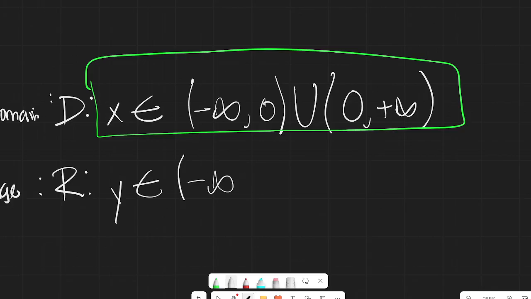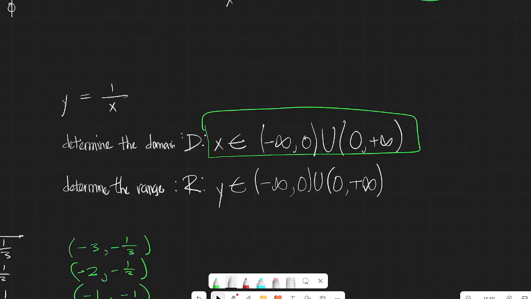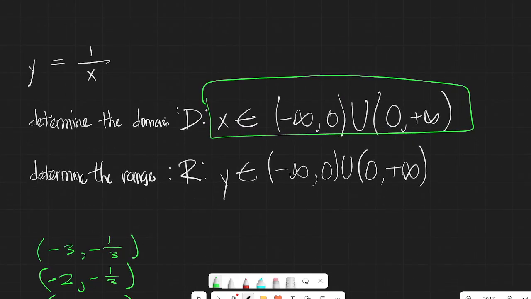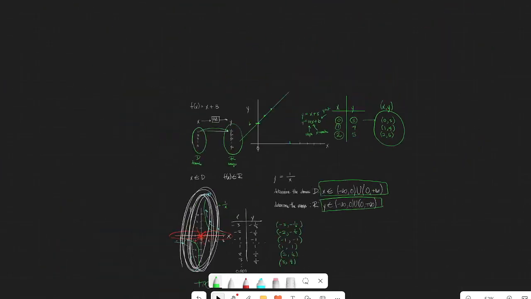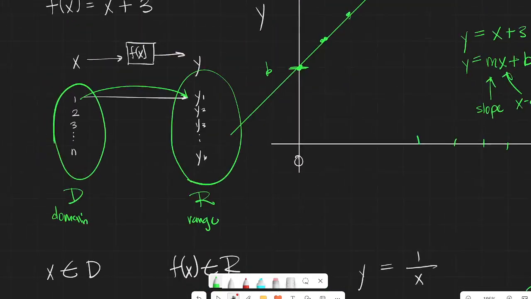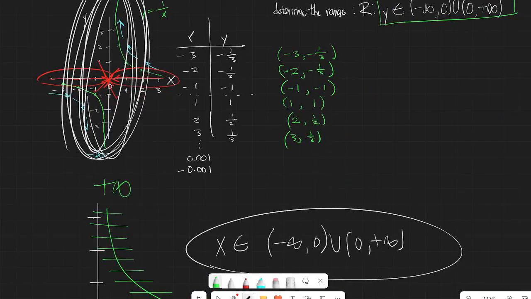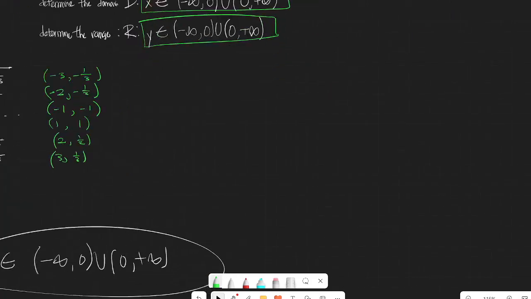So it can be negative infinity to 0, similarly from 0 to positive infinity again. And so that is the domain and the range of our function 1 over x.